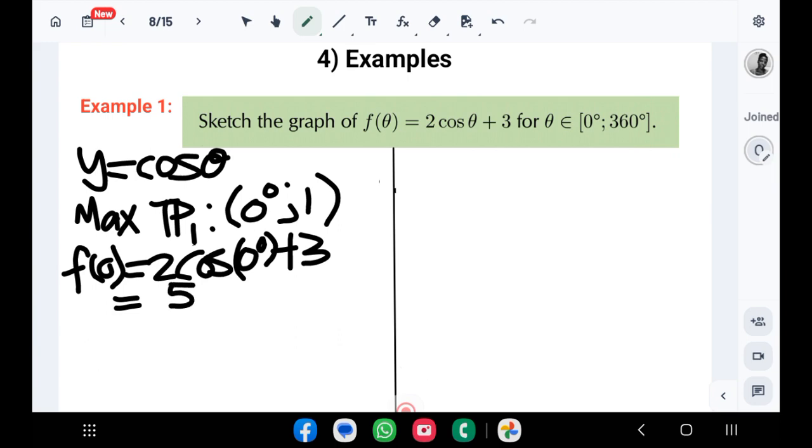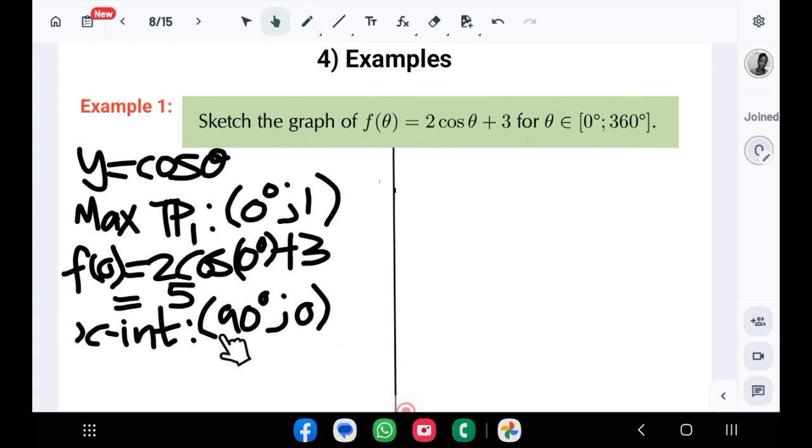Next point is the first x-intercept. The x-intercept for the standard graph is at 90 degrees and 0. So what you do is you substitute your 90 degrees for the x-intercept in this one.